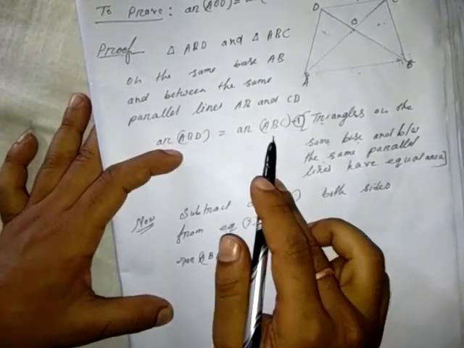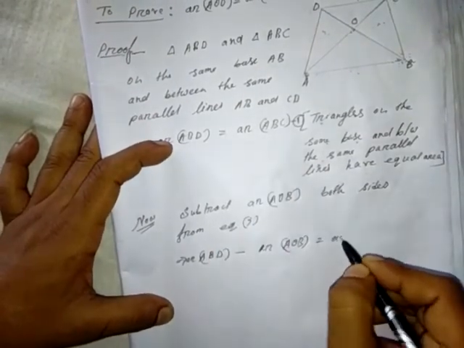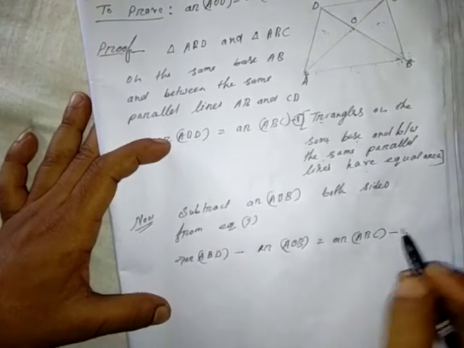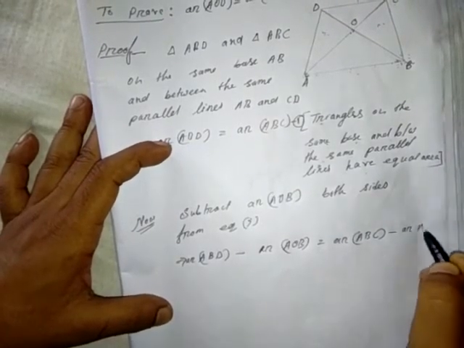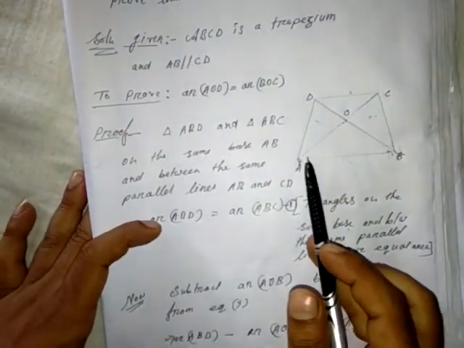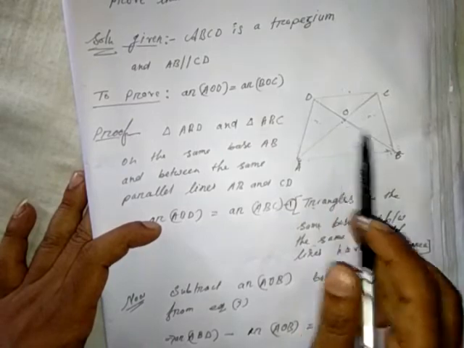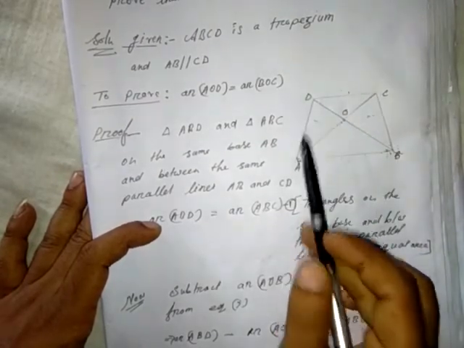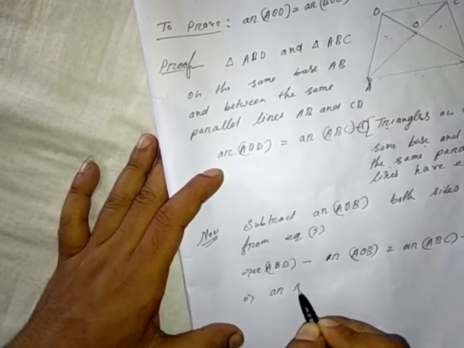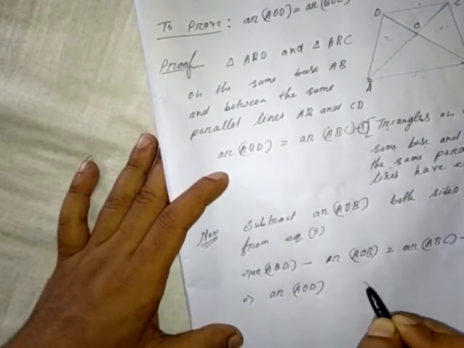Then again, for area of ABC, we are going to subtract the same portion, area of AOB. Let's come to the figure. If we subtract AOB from this portion, we get area of AOD.